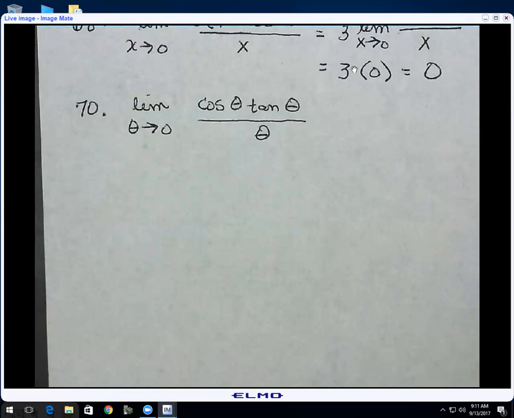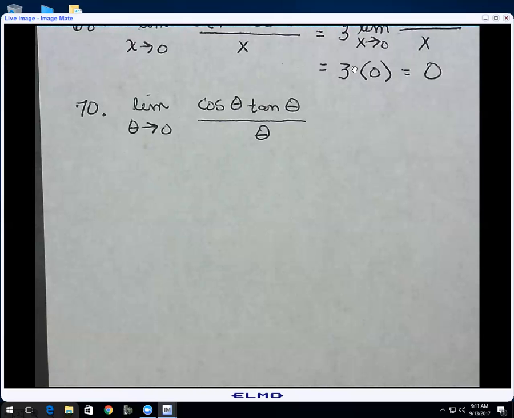Nope, can't let theta be 0. Is it anything I can fix with one of my 3 algebraic tools? Not really. Is it one of my 3 special limits that I have typed in the notes? No. So we got to come up with something else. Can you think of any way that we could simplify that expression and just pray that that fixed something? Tell me what you think.